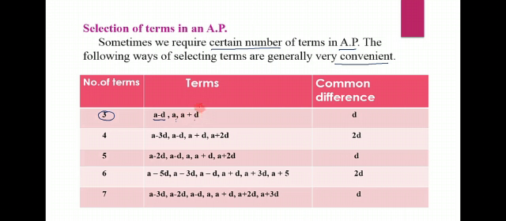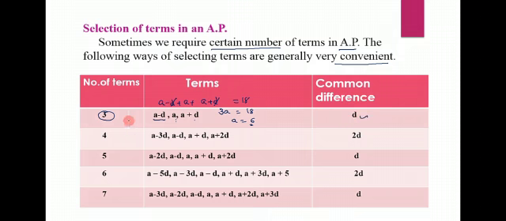If they have given the sum as 18, then on adding these, the d terms will get cancelled, and you will get the value of a very easily. Once you have a, you can find d also with the other given condition. So here the common difference is d.